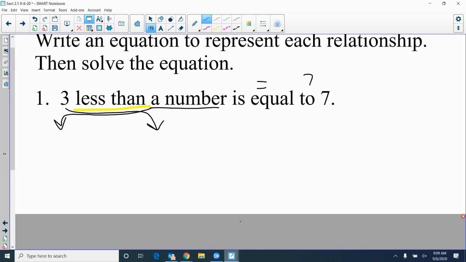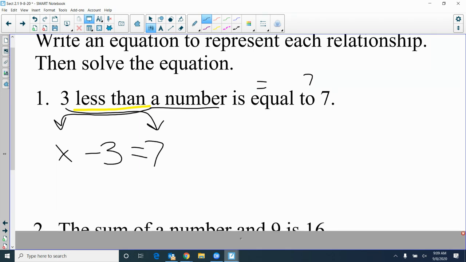Somebody tell me, what's my equation going to be? Grant? 10 minus 3. I'm not going to do 10 minus 3 right now. I want an equation. That means I'm going to have a variable somewhere. X. Good. X minus 3 equals 7. And then I need to solve that.